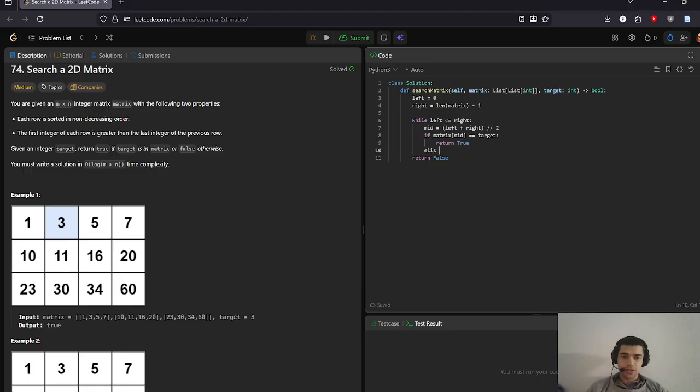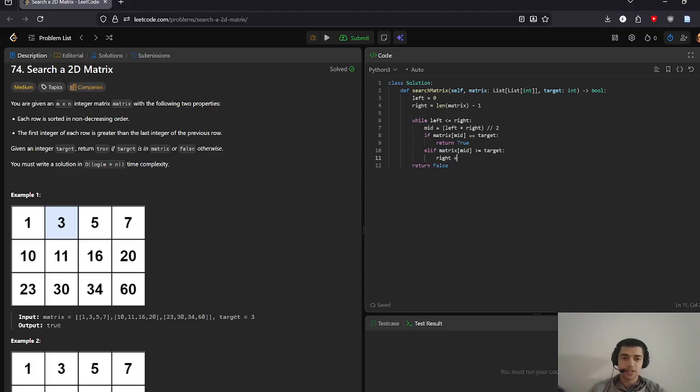So elif matrix of mid. I'm going to start off with the case when the target is to the left. So if the matrix mid is bigger than or equal to our target, in that case, the mid is to the right of the target, so we'll need to update the right.